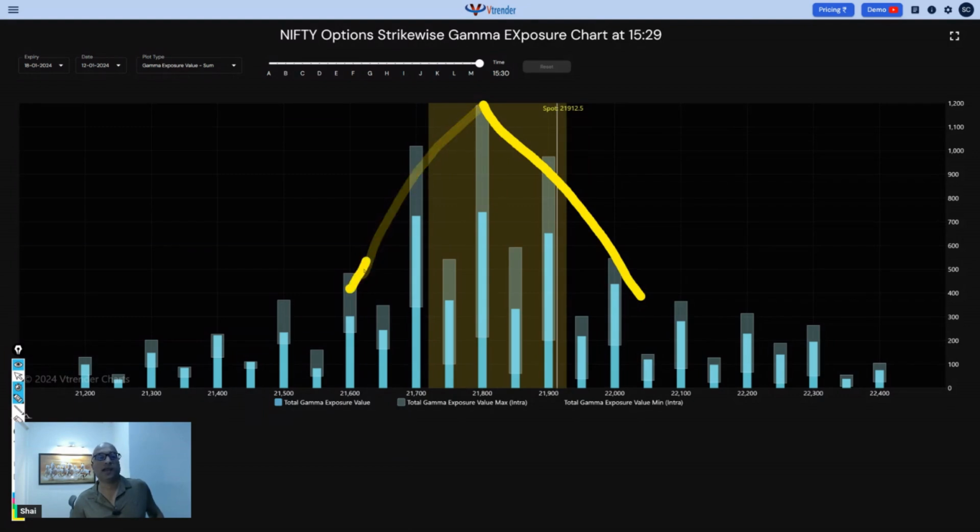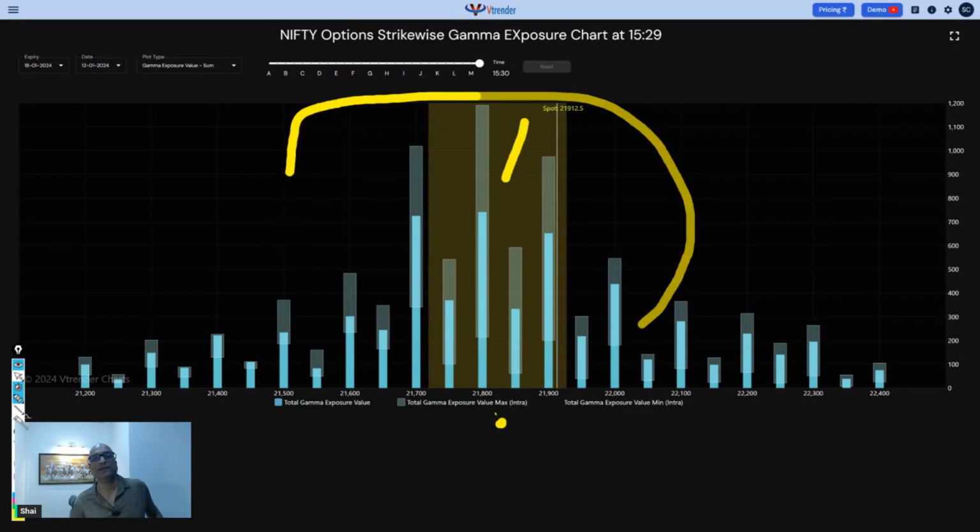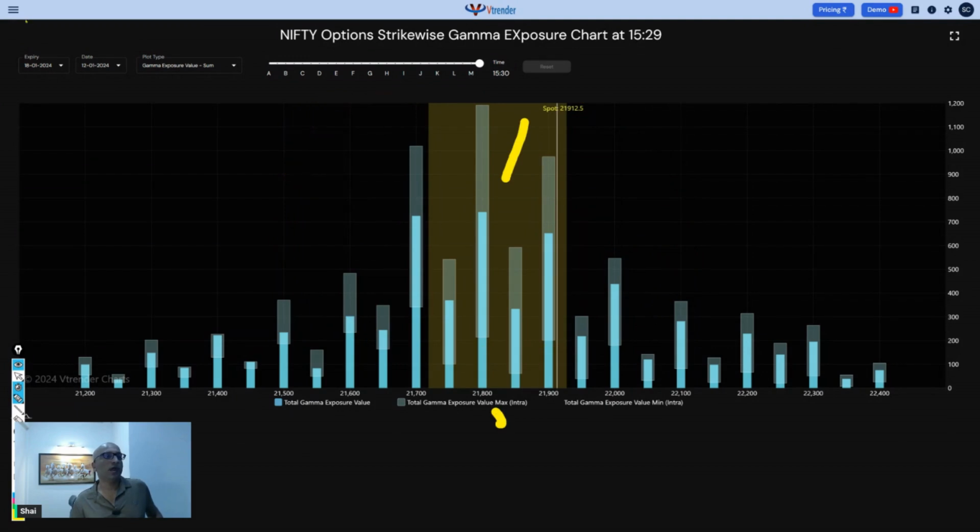So you want to see a pyramiding structure where you have one strong pillar at the top, almost equally balanced to the left and right, and a third set of equally balanced. If I see this on a Thursday, I'll know that the market wants to pin itself at one particular strike, which in this case would be about 21,800. So this is how you use your gamma exposure, and you can make better informed trading decisions.